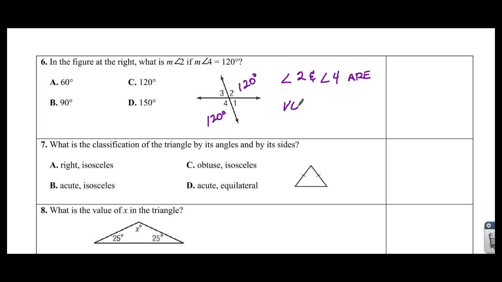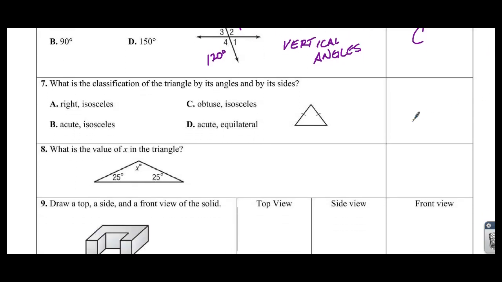You got it. They are vertical angles. And vertical angles are congruent. They have the very same measure as each other.